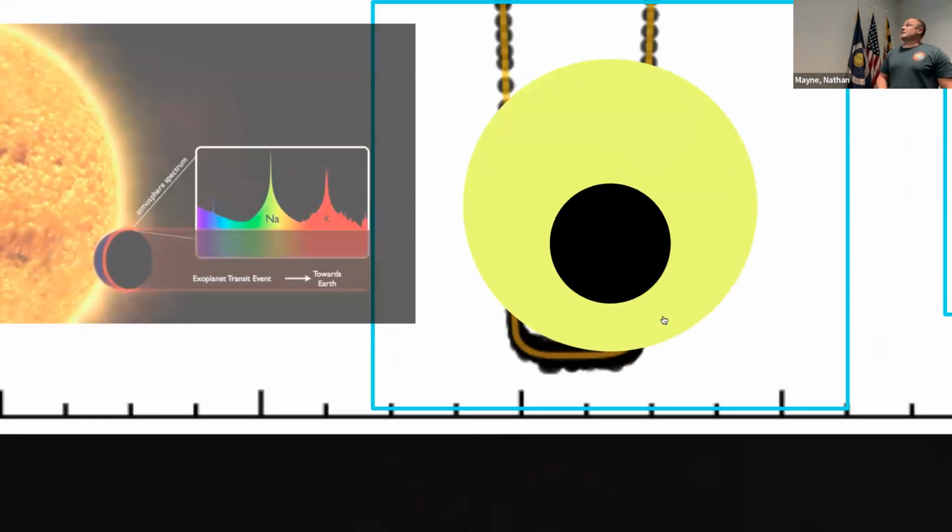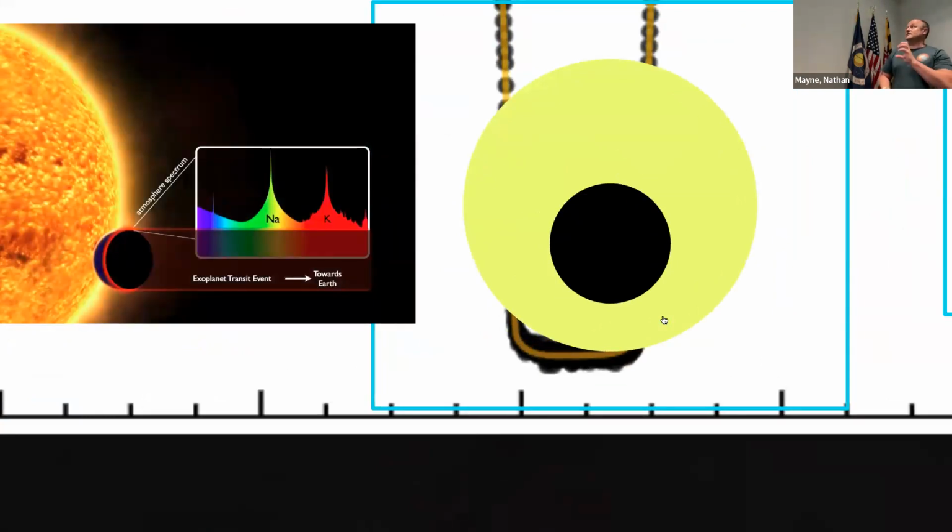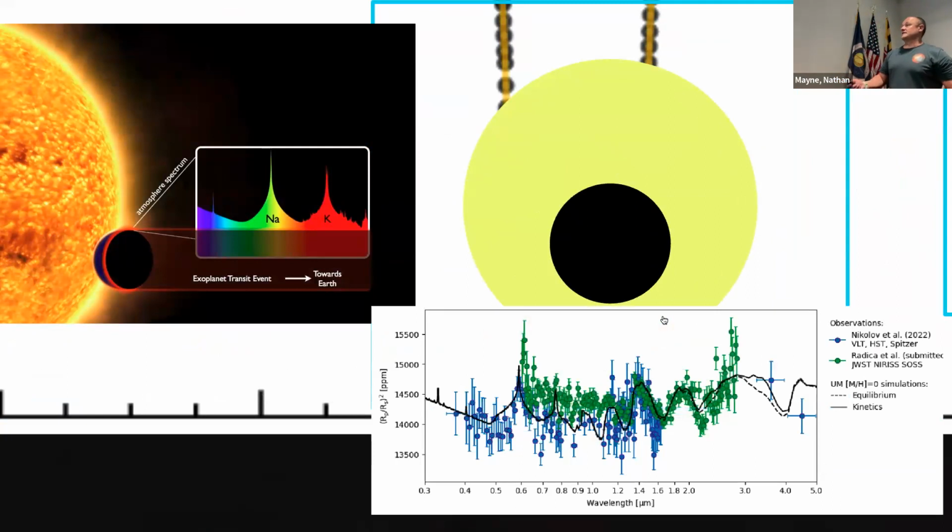The next technique that gives us a bit more information is that during transit, we can measure the size of the planet as a function of wavelength and get an idea of composition. This is another recent example that I'll bring back up later. This is for a particular hot Jupiter called WASP 96b.